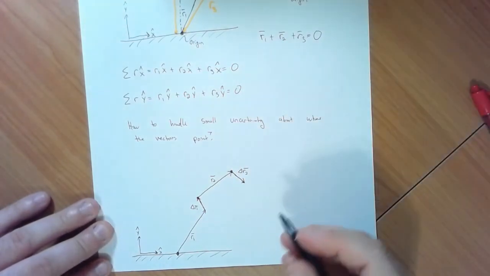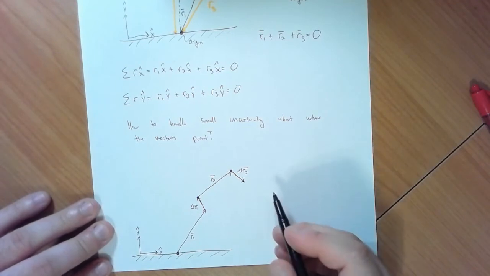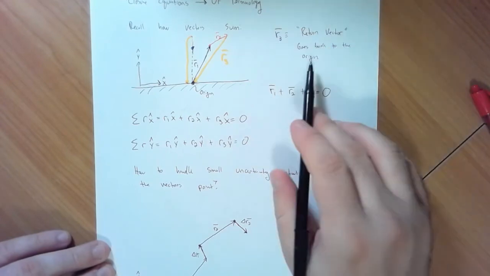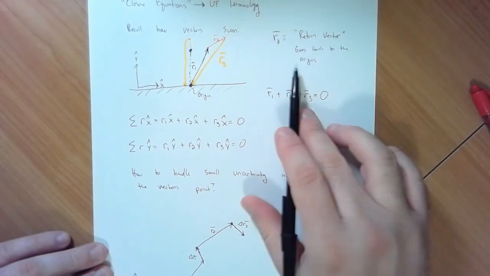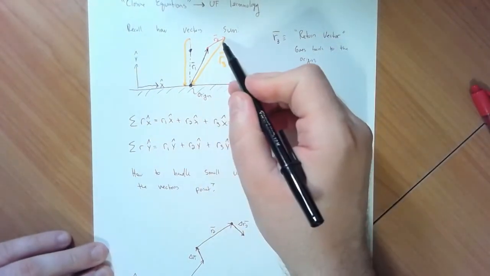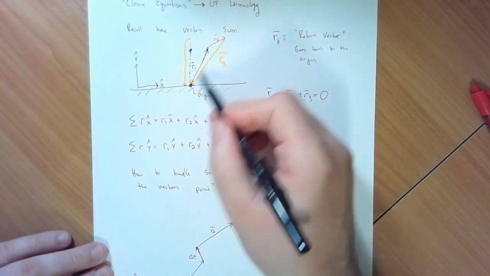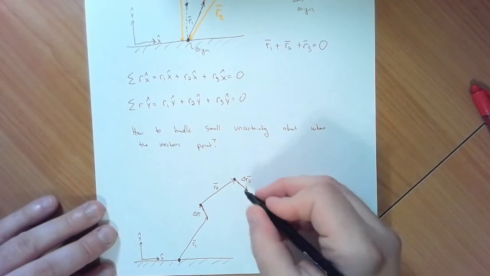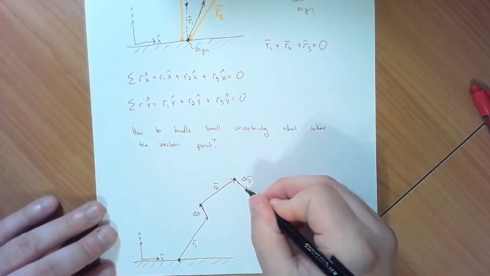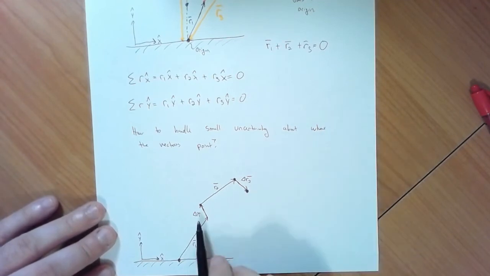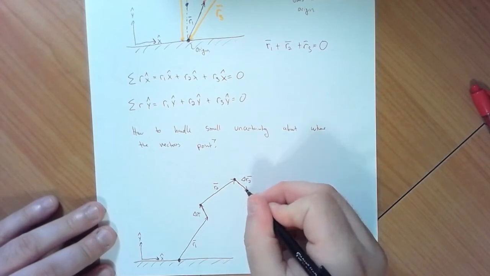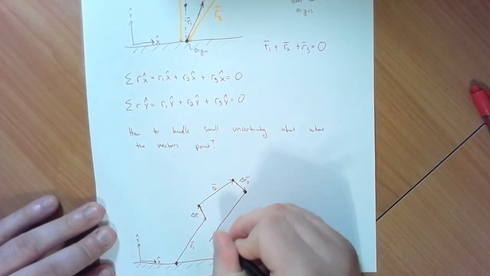And then we're going to draw the same R3 that we drew before. Remember, R3 is this return vector whose purpose is to go back to the origin. R3 has a steep slope and goes back in the direction of the origin. But now, if I draw that same vector right here, there's uncertainty in R1 and uncertainty in R2. So if I try to draw that same vector, I don't quite get back to the origin. I'm going to try to draw it as close as possible to the original.